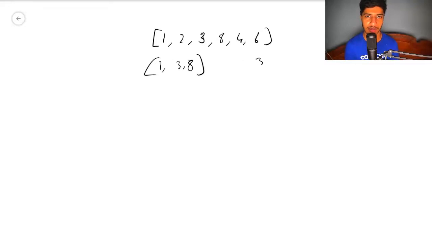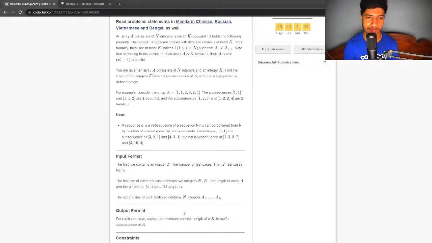It can be 3 4, right? Any integer we can take like a subset, but it should be in order as it is given in the array, right? So that is the difference between a subset and a subsequence. So going back to the problem, we are given an array of n integers and k. We have to find the length of the longest k beautiful subsequence.